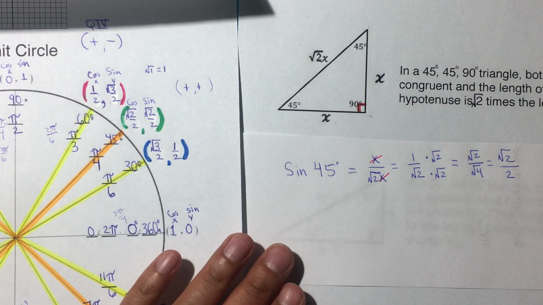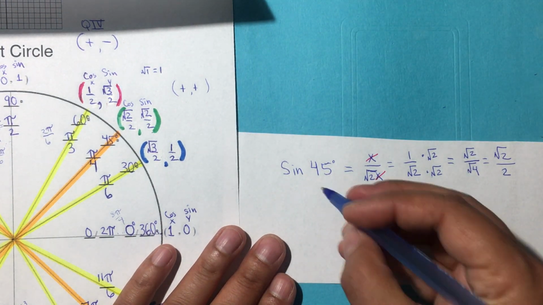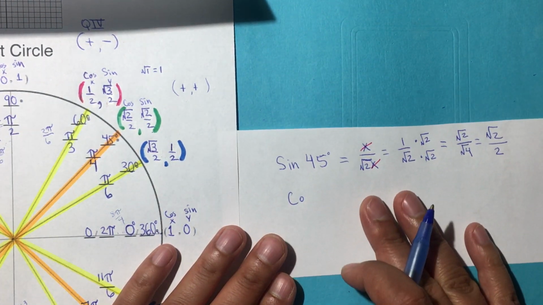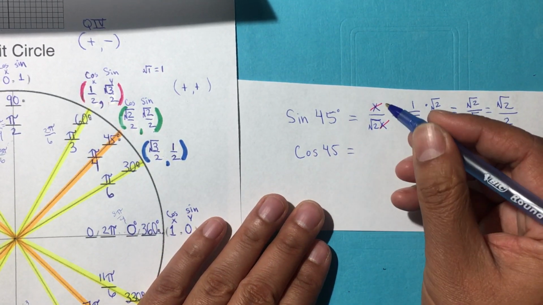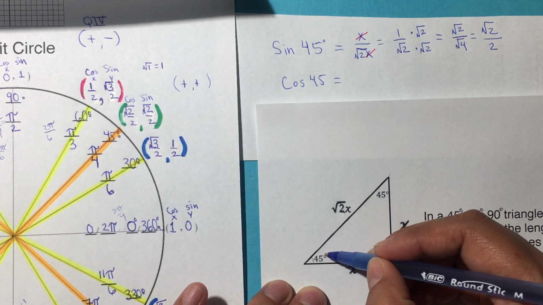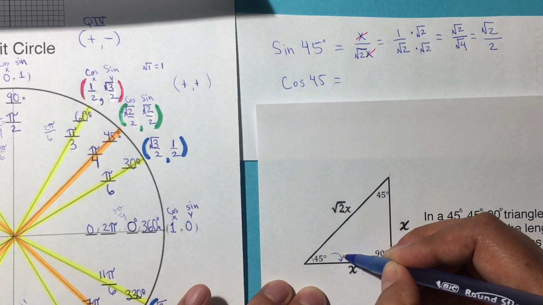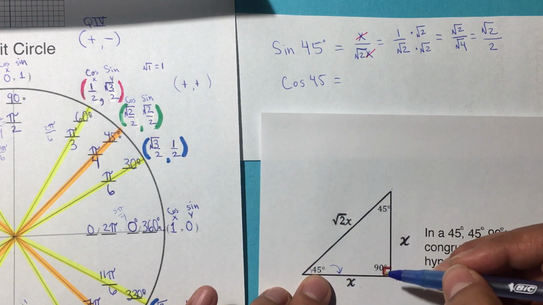Now, if we do the same thing for cosine, and let me move this because I see the letters underneath. So cosine of 45 is equal to, let me move it down here, adjacent, which is the leg touching it, which is not the hypotenuse. This is the hypotenuse, so it would be this one.